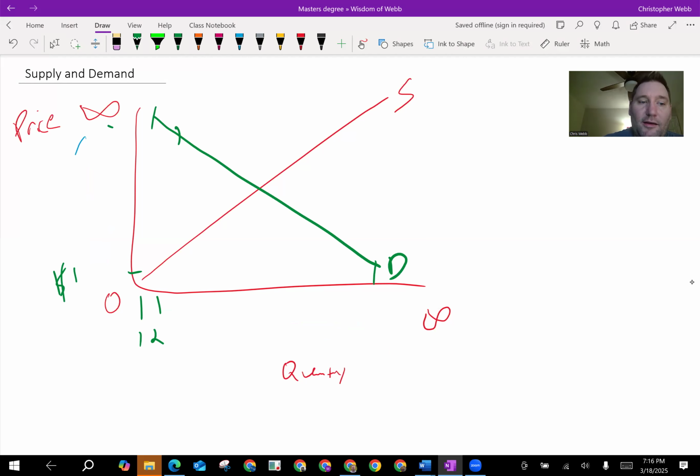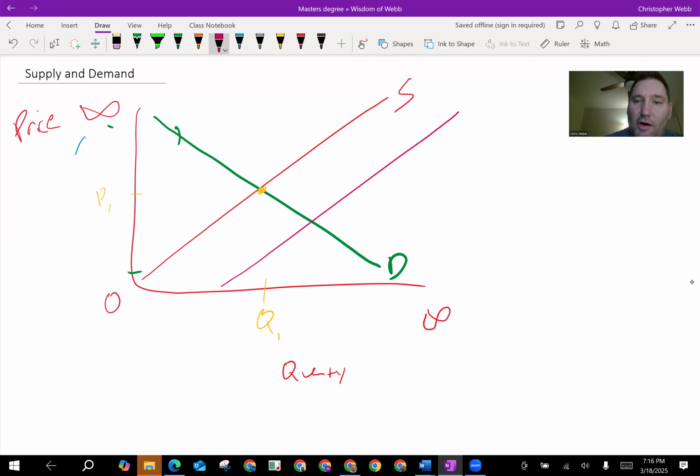So let me go ahead and remove these guys as well, just so we can talk a little bit more about this graph. At the middle point here, that is equilibrium. That is where price one will equal quantity one. And the thing about these is these two graphs can shift, the supply and the demand curve.